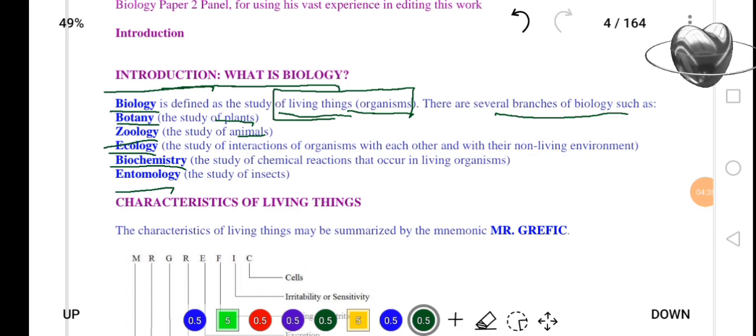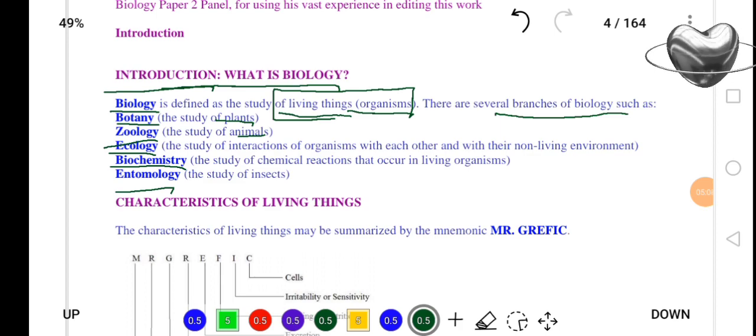Therefore, when we are studying the relationship between how we live, we definitely interact with non-living environment. When we are watching the TV, when we are using the cup, when we are drinking water, when we are cooking, we use pots. So every time we interact with something that does not possess life, that is ecology.